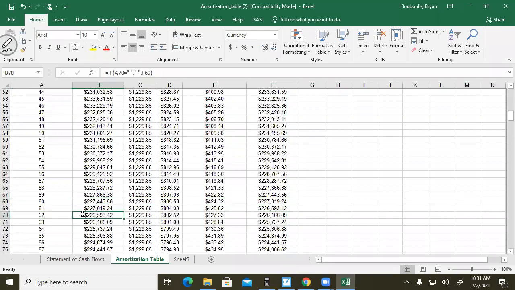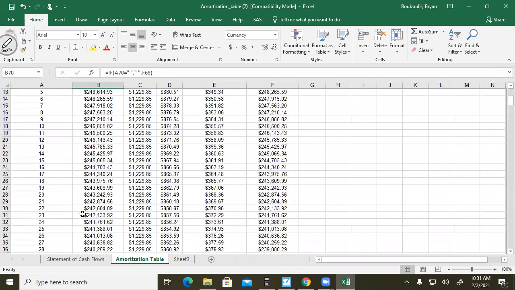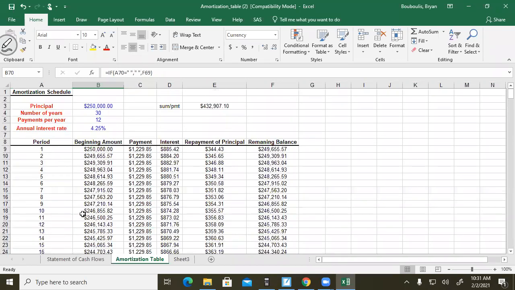If he does that every year, it'll pay this house off in 15 years. So it'll cut his mortgage in half.